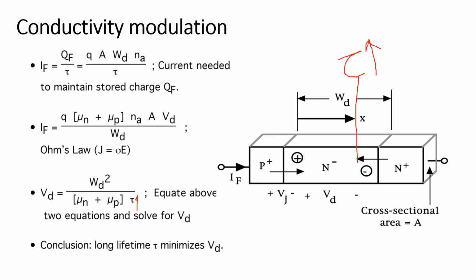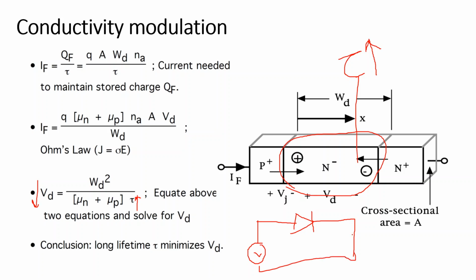So what about Vd? Vd will be low. So the drop across the drift region is low. This is an advantage, because when the diode is in on condition, the voltage drop across it should be as low as possible. So let us say we have this circuit with load, then in on condition the voltage drop across the diode should be as low as possible.